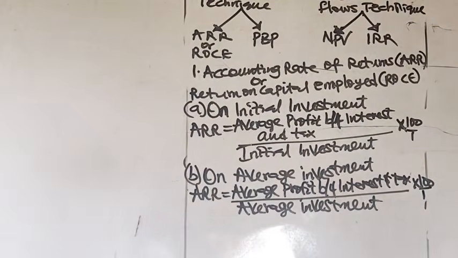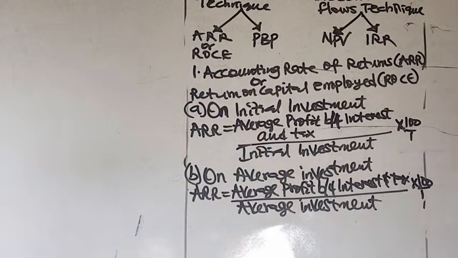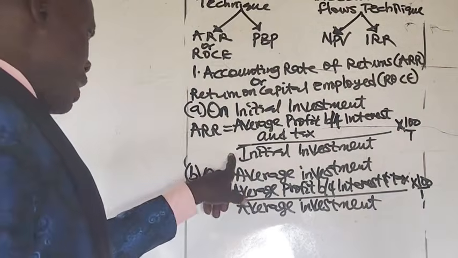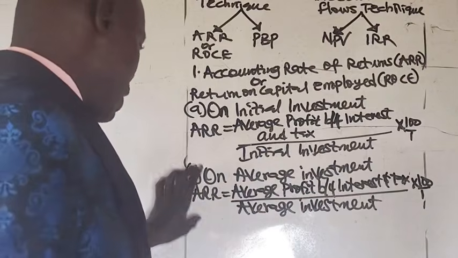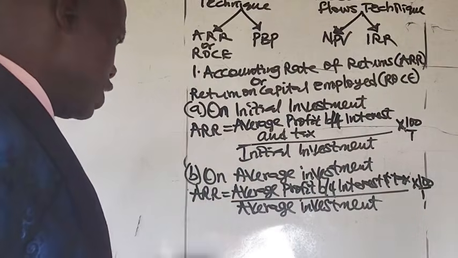This second formula should be adopted if the examiner is silent, that is, if it is not specified to calculate it on initial investment.